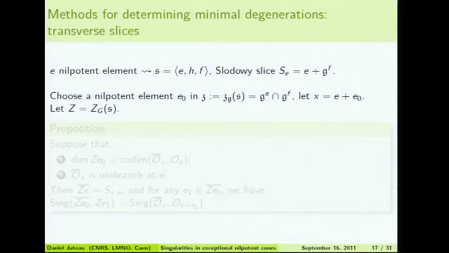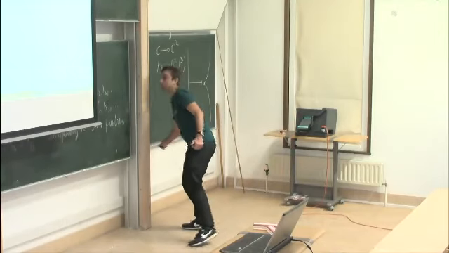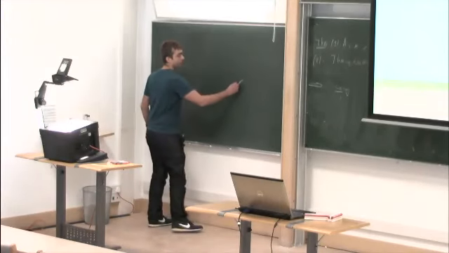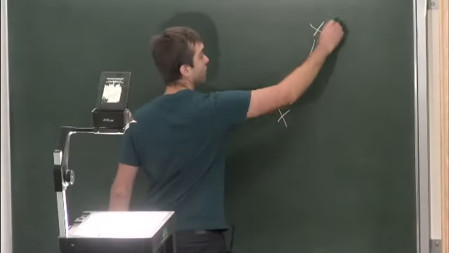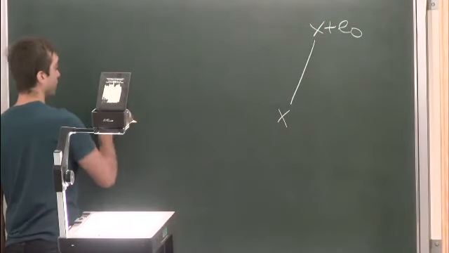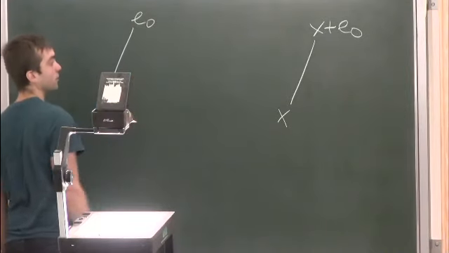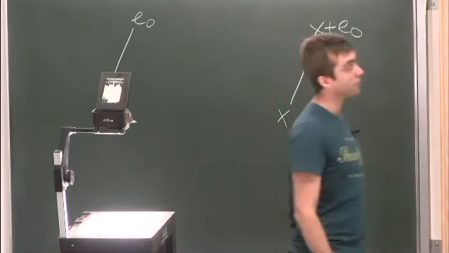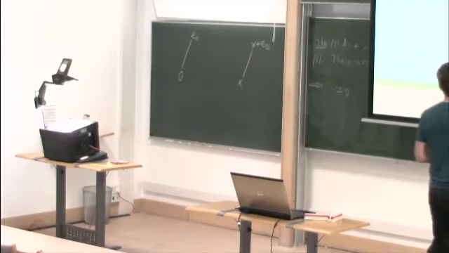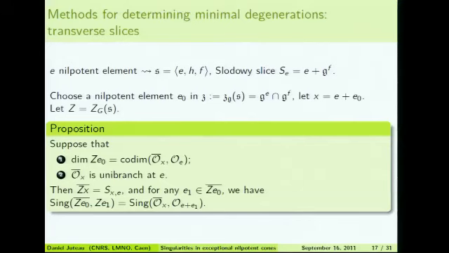And so what I want to do is to compare. So I have x plus E0 in G. Now I want to compare with 0 goes to E0 in this reductive centralizer. So again, if you have these two conditions of codimension and unibranchness, then you have the same singularities.